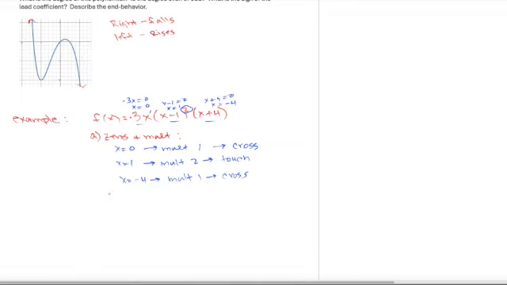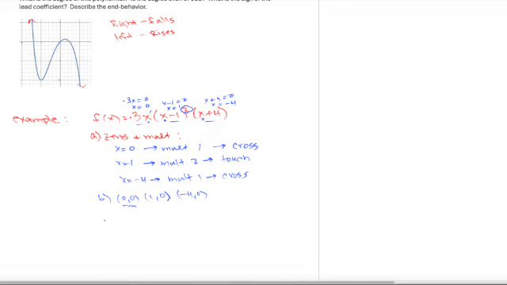So if we're talking specifically about x and y intercepts, I have found the x-intercepts (0, 0), (1, 0), and (-4, 0). And if I replace x with 0, we can see we would have 0 times 1 times 4, which is 0. And again, that gives me that same intercept I've already listed.